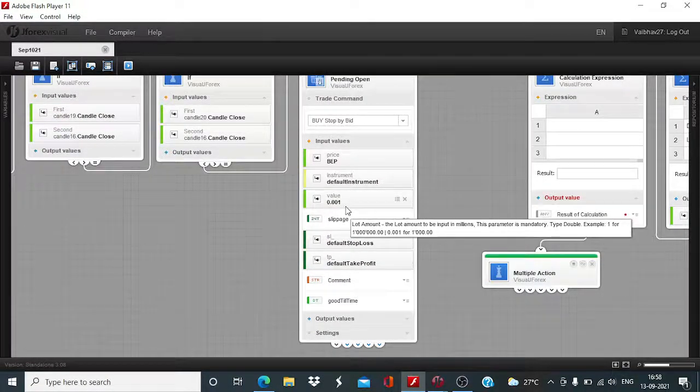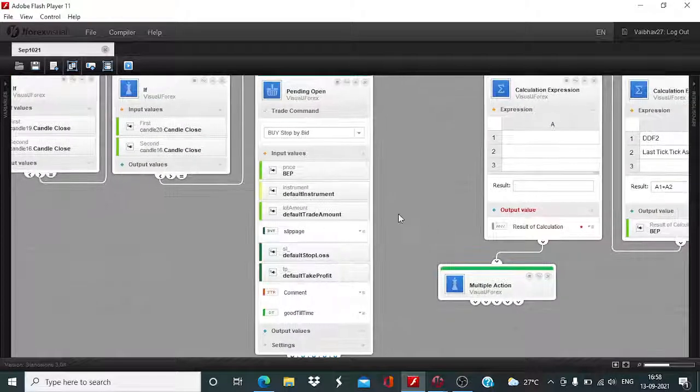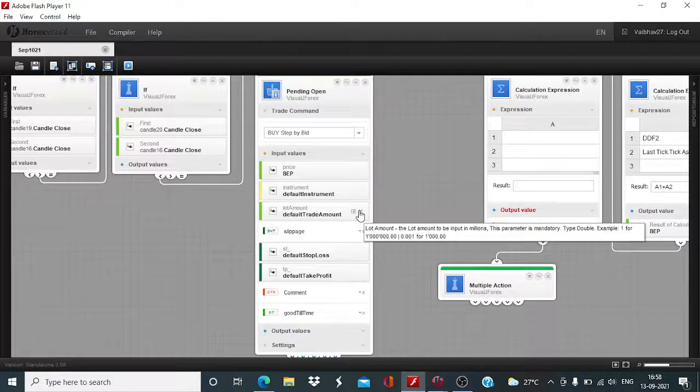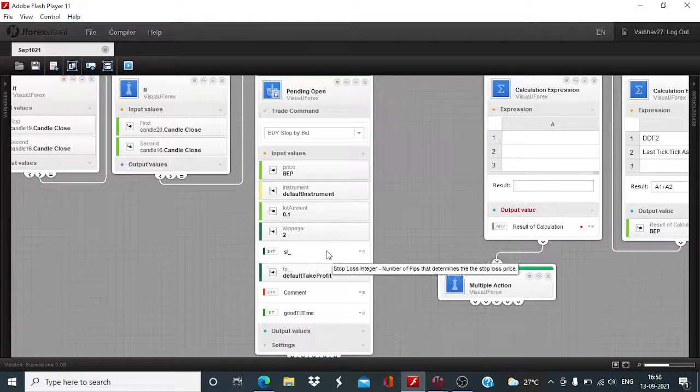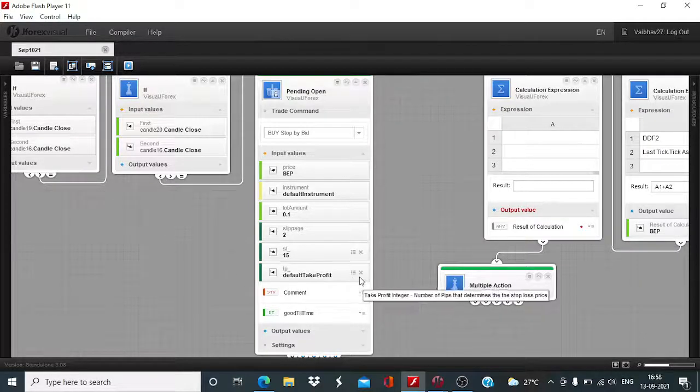Default instrument pip size, default instrument remains as it is. Trade amount I will change to 0.1 million. Slippage is going to be 2 pips. Stop loss target price, I think a combination of 15 and 13 pips should be good enough since we are dealing with the hourly time frame.